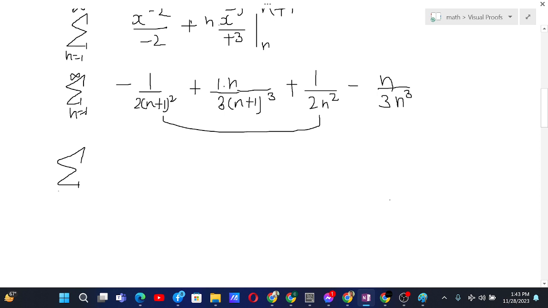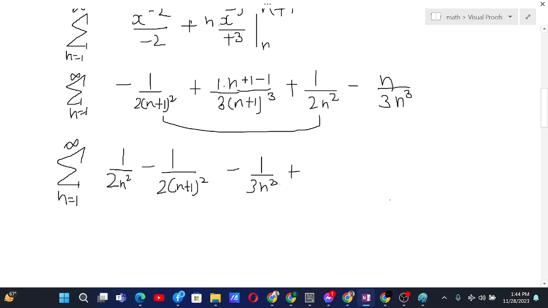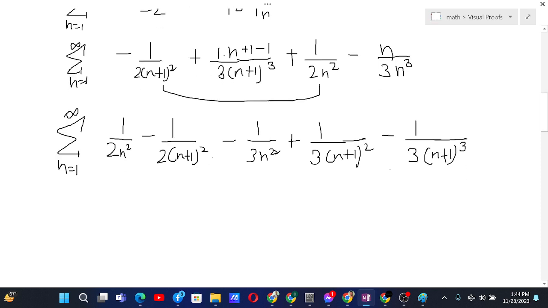So the sum from n equals 1 to infinity of 1 by 2n squared minus 1 by 2 times (n plus 1) squared. And we can write n as n plus 1 minus 1, so this breaks into: first this one, minus 1 by 3n squared, plus 1 by 3 times (n plus 1) squared, and then minus 1 by 3 times (n plus 1) cubed.